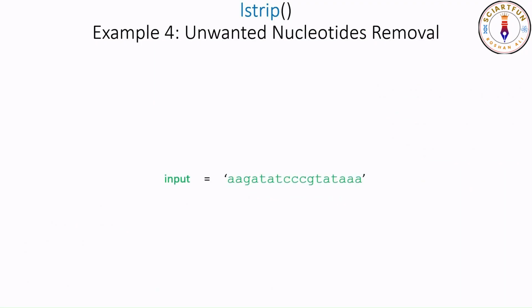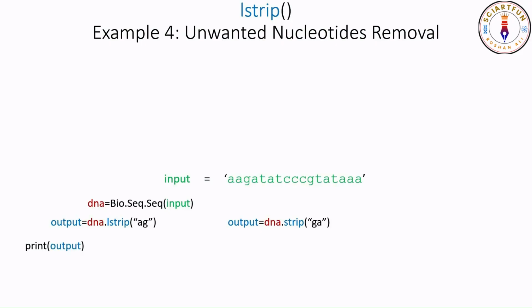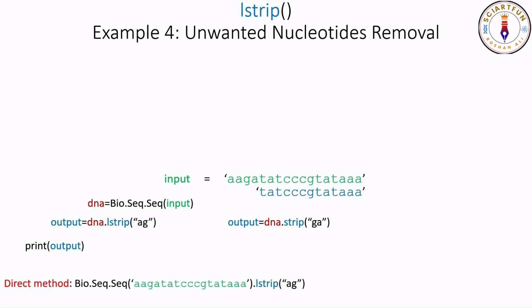Here I use two nucleotides. Here, it will remove A and G from the left side only. These are the steps to follow. This is the single line command.